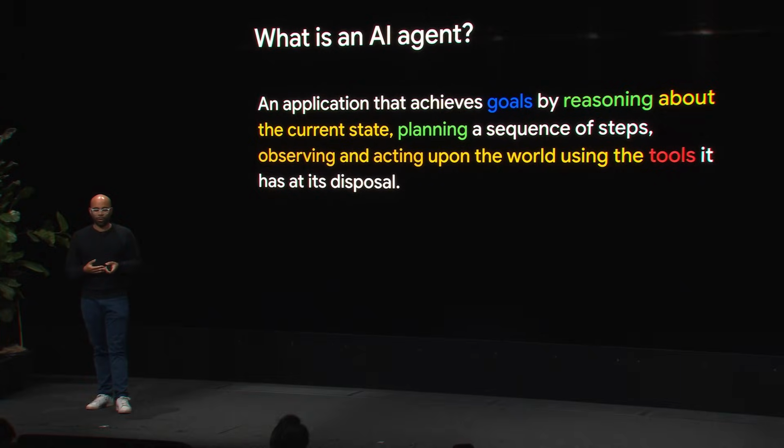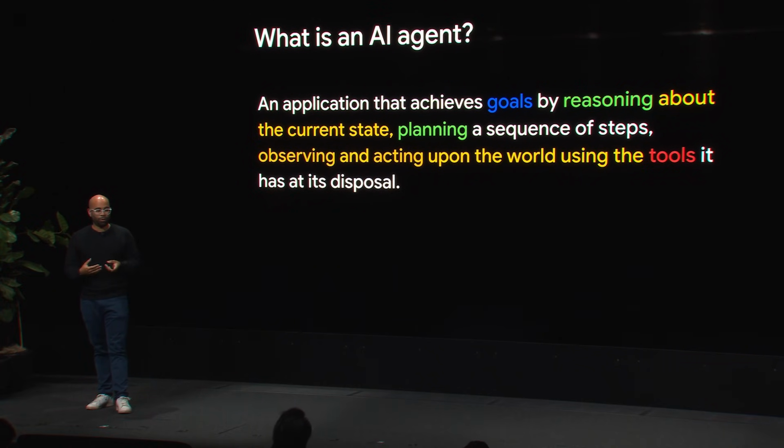OK, so now that we talked about the Gemini models, let's take things a little bit further and see how we can build an AI agent. But I guess the first thing we should do is define the concept of AI agent. There are a few definitions out there, but I think what we can say is that an agent achieves goals, it plans and reasons about its current state, and it acts and observes the results.